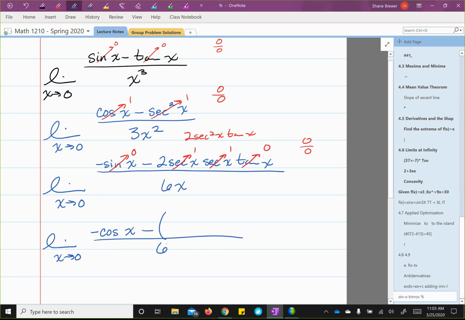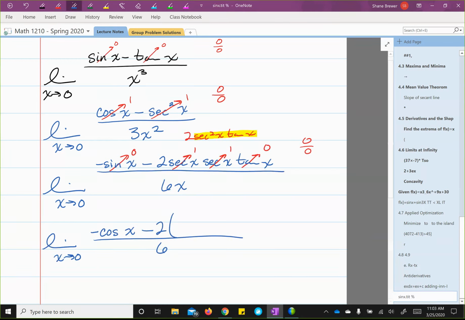Minus, now we'll put this in parentheses, we're going to take the derivative of 2, let's do it this way. We're going to make our life easier. We'll leave the 2 outside. And we'll just take the derivative of secant squared tangent. Okay?